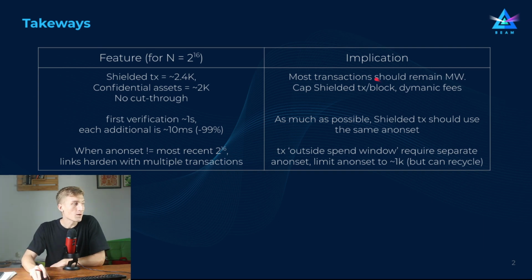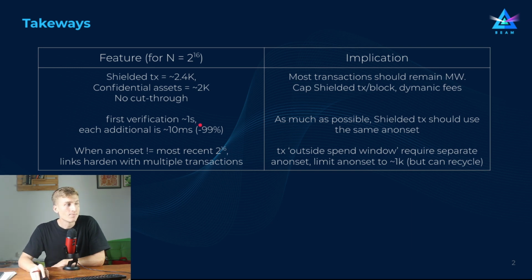Next, we know that when there are multiple transactions, there are huge gains in efficiency. Remember, the first proof takes 1 second, and every following proof with the same anonymity set takes only 10 milliseconds. So as much as possible, we would like all the shielded outputs in a block to use the same anonymity set.